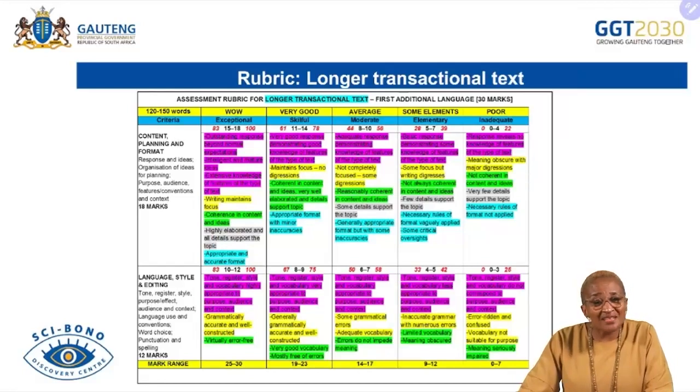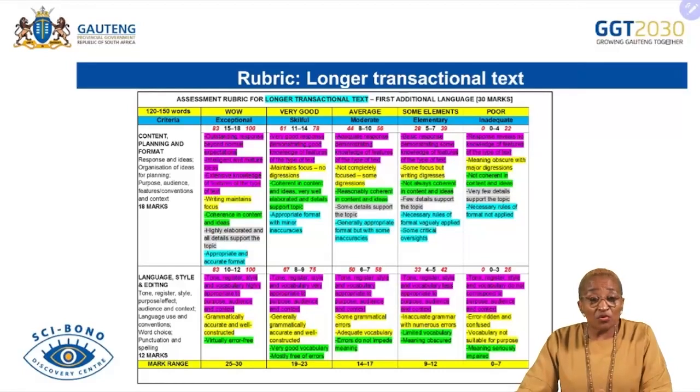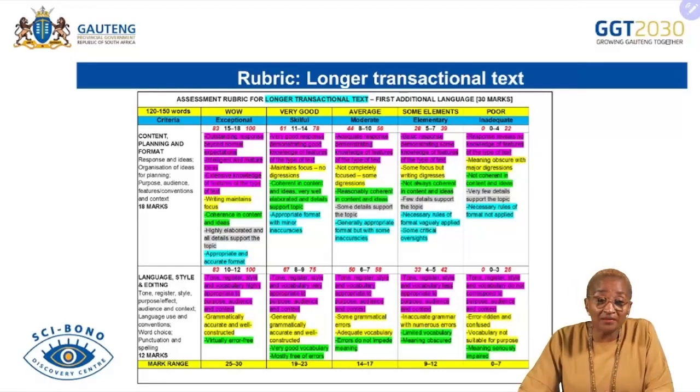Do you really understand how you arrived at 2, 3, 4 for language? Because that is not just a number. That is feedback. But if you don't understand the rubric, you won't be able to understand the feedback. As a result, you won't be able to improve on the mistakes that you might have committed in your transactional text. So let us have a look at the rubric here.